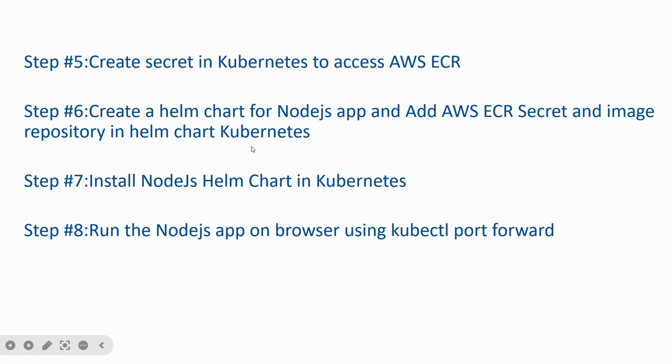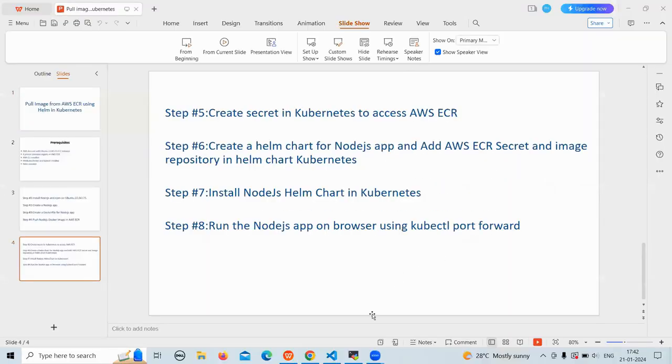Then install the Node.js Helm chart in Kubernetes. In order to pull the image, we need to install the Helm chart which we have created. Then finally, run the Node.js app on the browser using kubectl port forward.